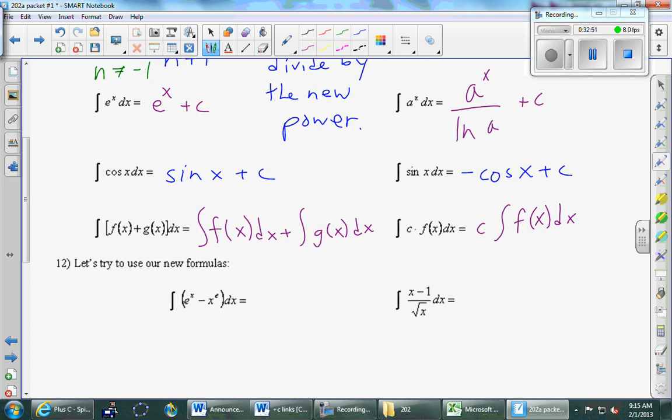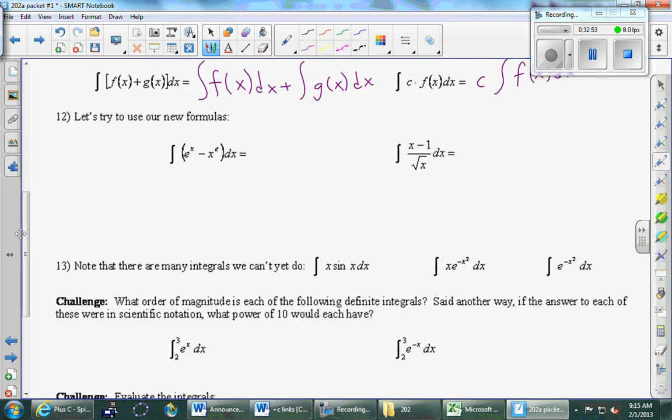So let's try 12 here, and in fact, I wish I would have put a little bit more into 12. So can we stick in front of this e to the x, can we stick a 2? Just in front of the e to the x one. And in front of the second one, we'll put a 3. So we're going to write this out in a little bit of detail, but again, I'm not going to require this detail, but just because it's the first one, I see a minus sign in there.